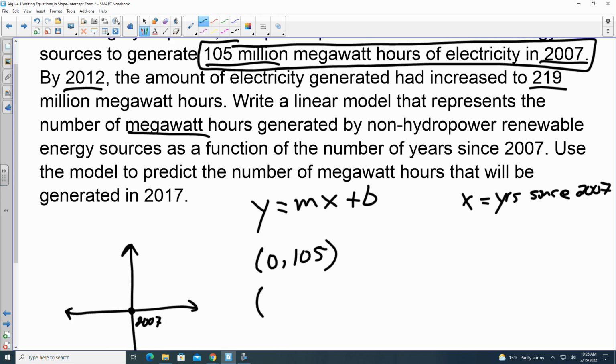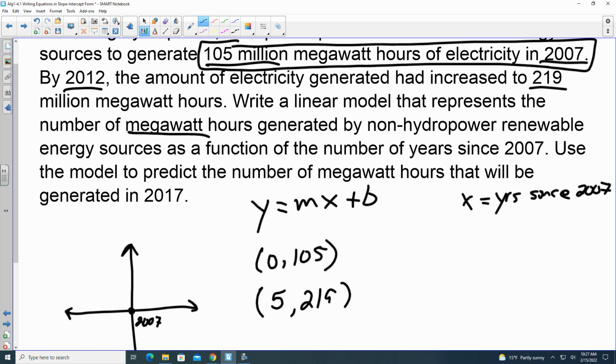So I don't need to write in all of those values for this particular example. Now, the second one for 2012, it said it was 219. So I'm going to put 219 in for y, but what are we going to put in for x? X, again, is years since 2007. So if I took 2012 and subtracted 2007, I would get 5, because it's 5 years since 2007.